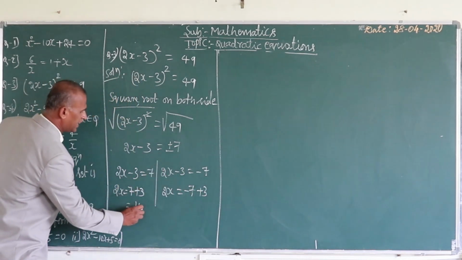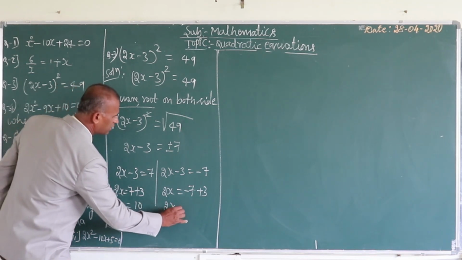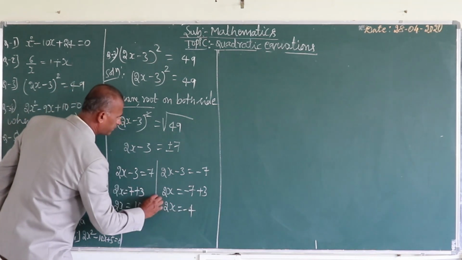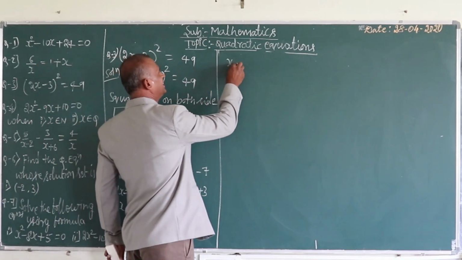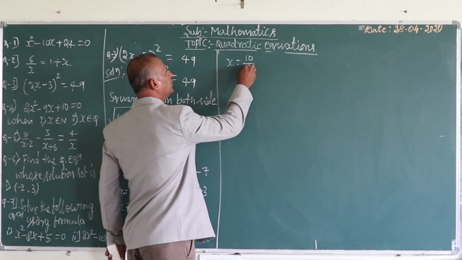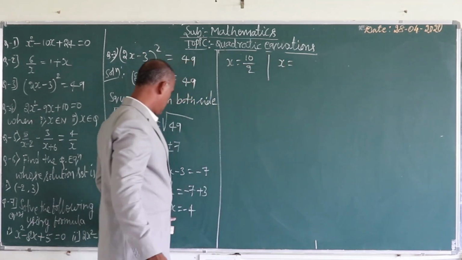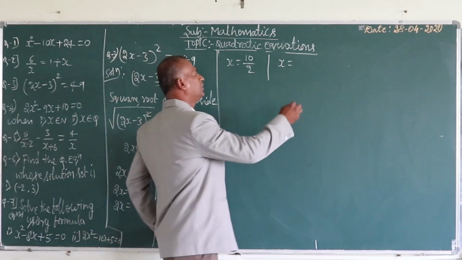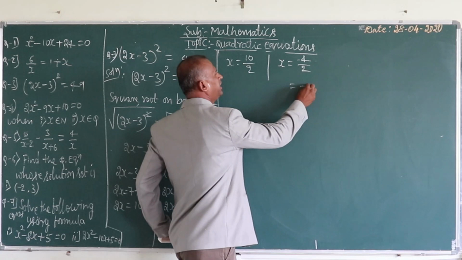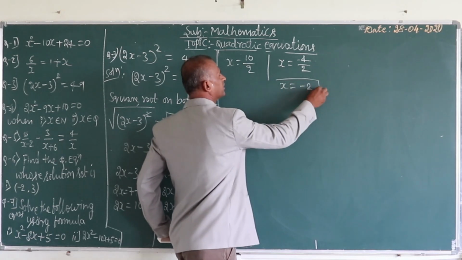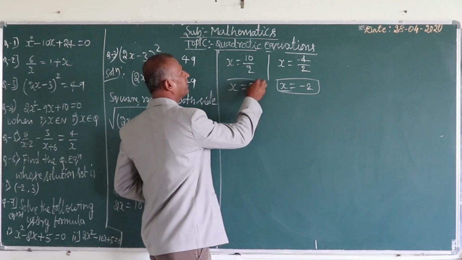So 2x is equal to 10, and 2x is equal to minus 4. Now x is equal to 10 by 2, which is 5, and x is equal to minus 4 by 2, which is minus 2.